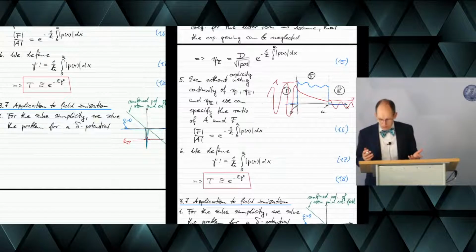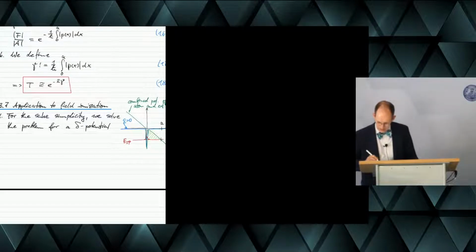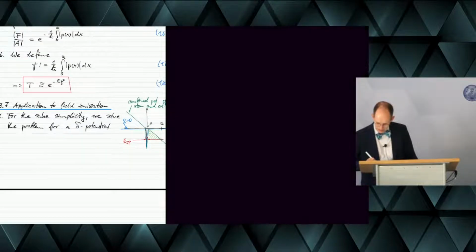Okay, what we need to do is to integrate over the potential barrier. So we need to integrate over this thing here. And what we called A is now this point here. So this is A, and here is 0.